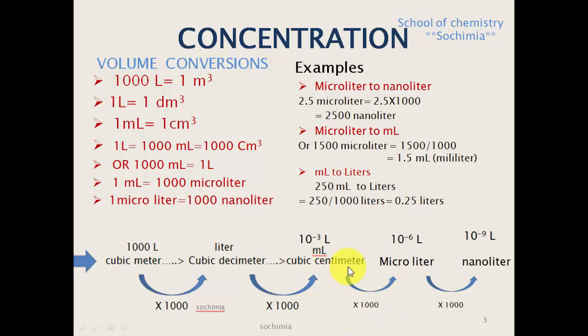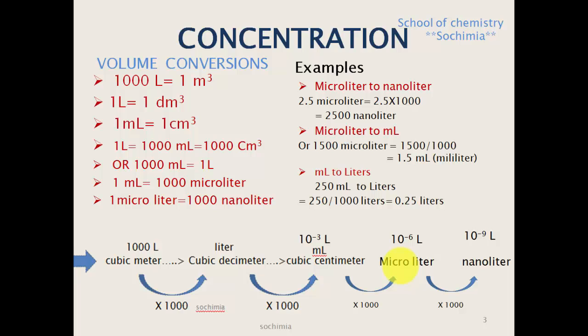So cubic centimeter equals milliliter, and the smaller unit than this is microliter, 10 raised to power minus 6 liter, and then we have another smaller unit which is nanoliter, 10 raised to power minus 9 liter. And nanoliter and microliter are associated with this factor, so if you have volume in microliters and you want to convert that into nanoliters, then you need to multiply this by 1000 and so on.